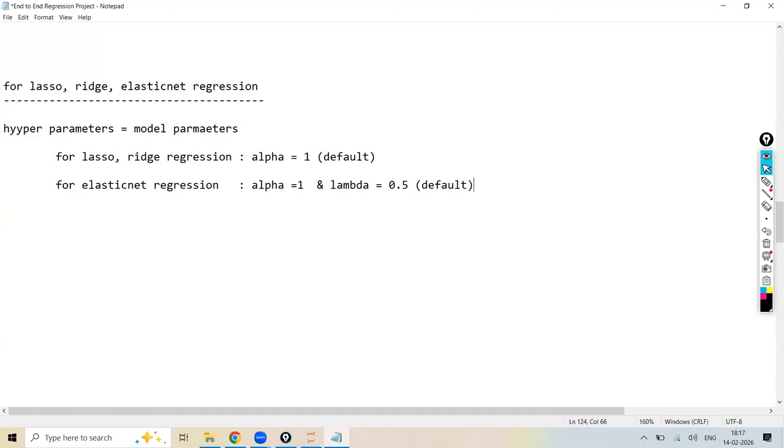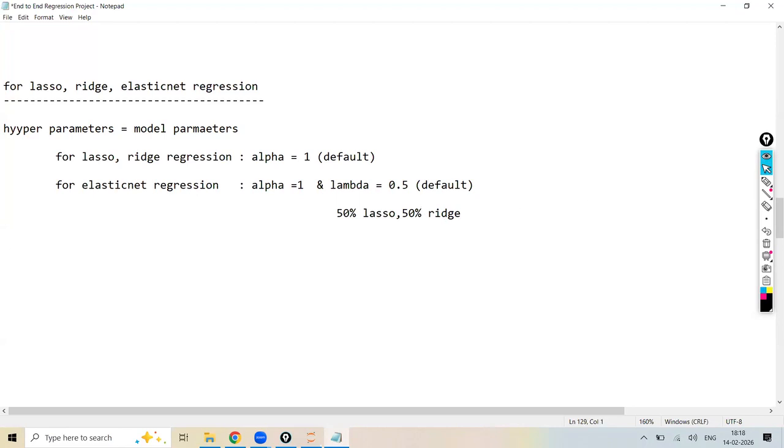Default means if you don't give anything, it will take it automatically. Lambda equal to 50% indirectly indicates 50% lasso error and 50% ridge. That is the default.